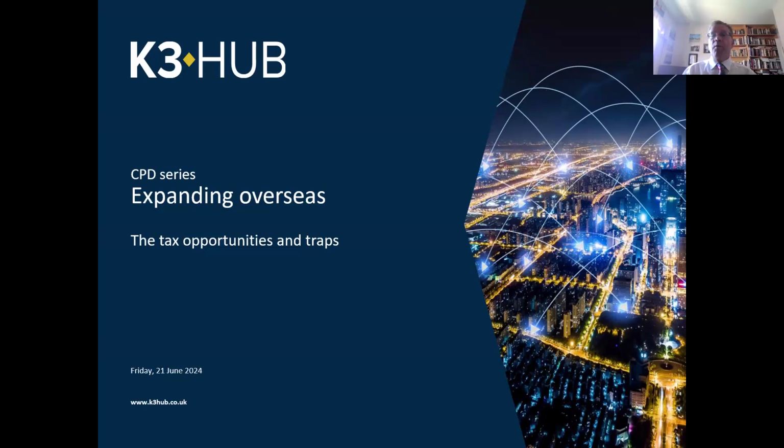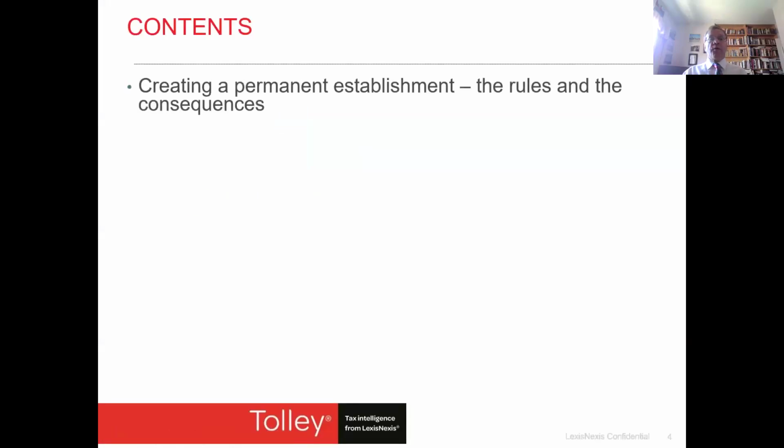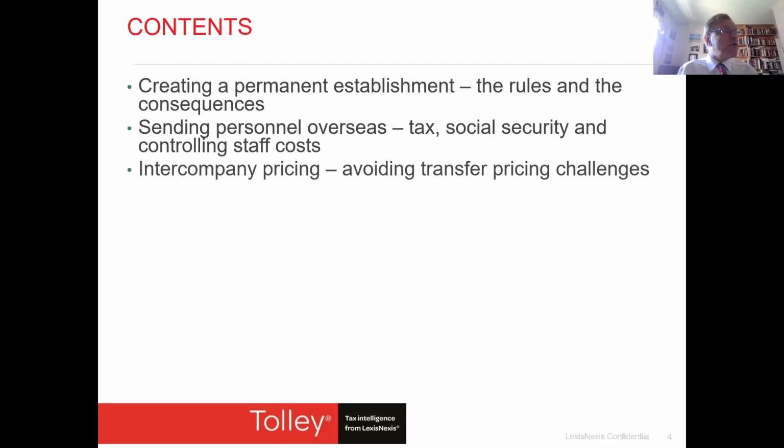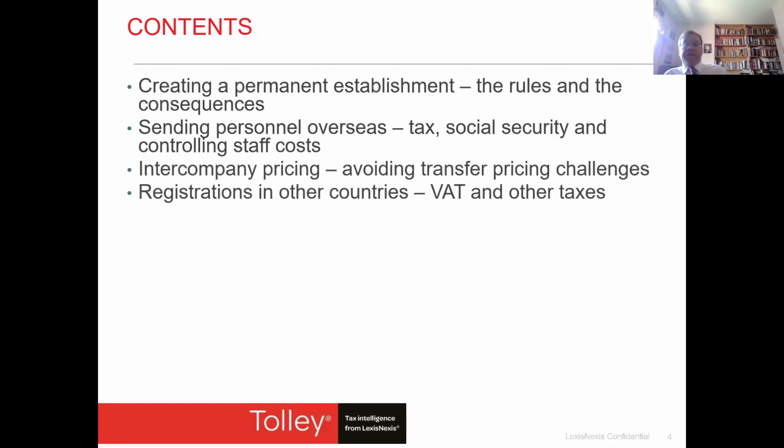So what are we looking at here? Introduction. We're going to look at creating a permanent establishment, the rules and the consequences, sending personnel overseas, the tax, social security and controlling staff costs, intercompany pricing, avoiding transfer pricing challenges, registrations in other countries, VAT and other taxes.